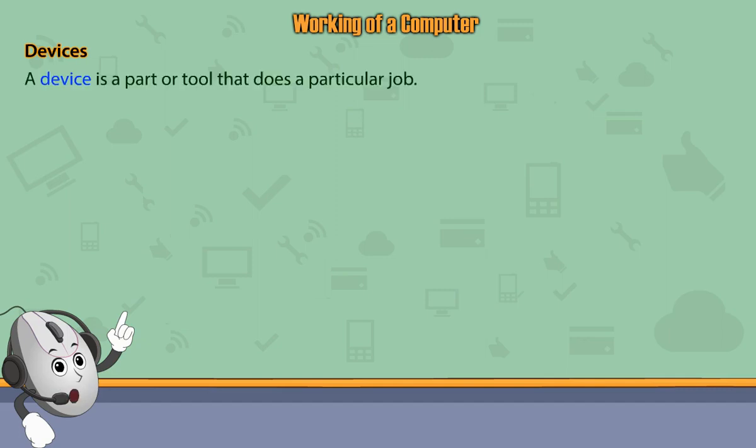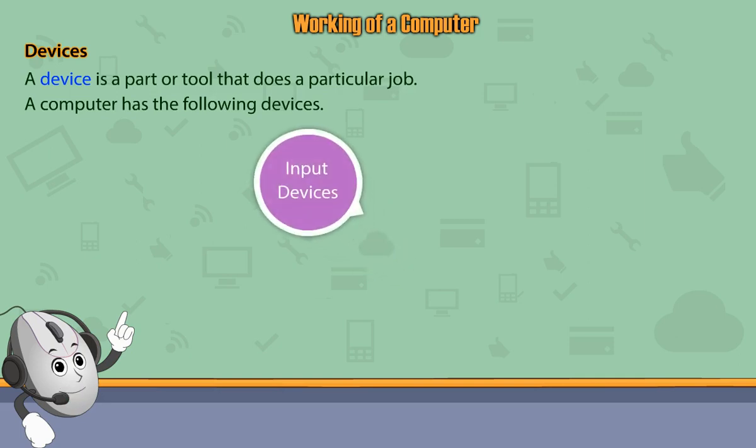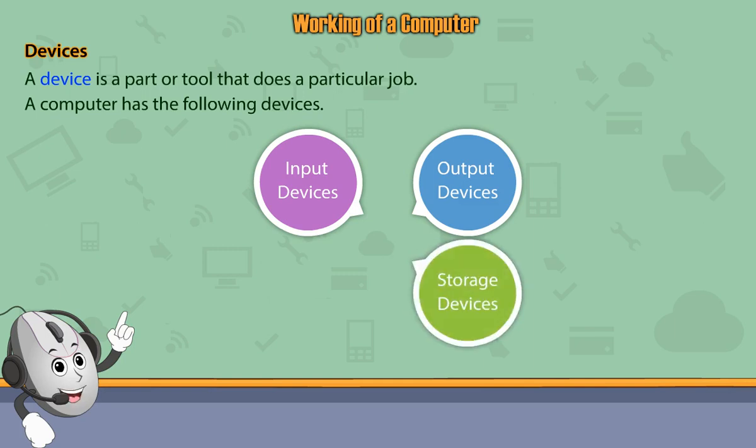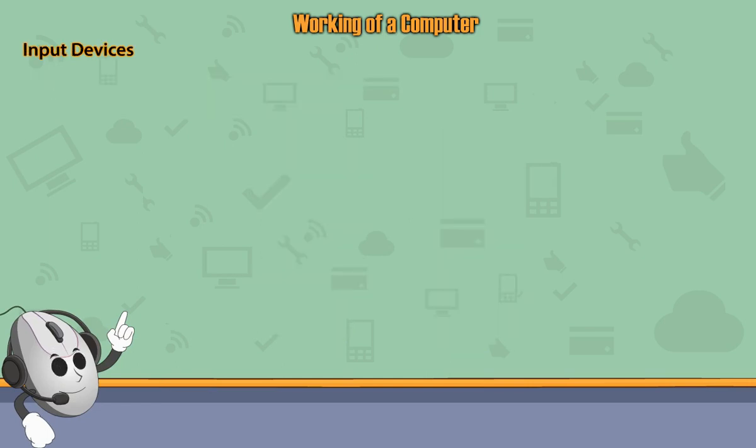Devices. A device is a part or tool that does a particular job. A computer has the following devices: input devices, output devices, storage devices, processing devices.